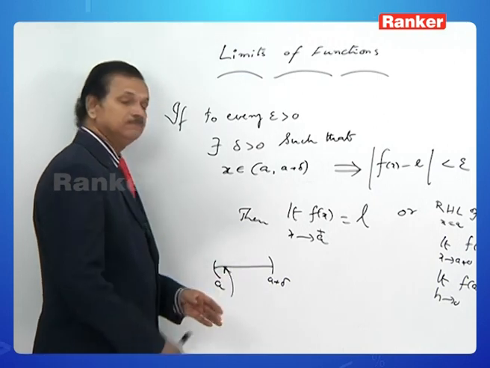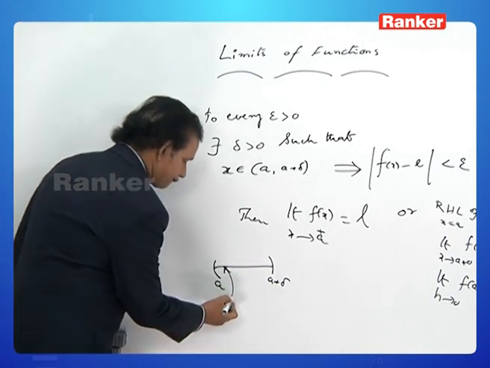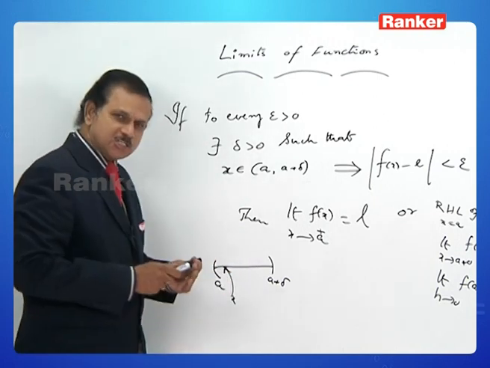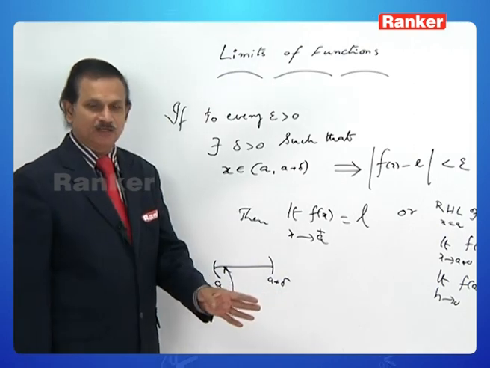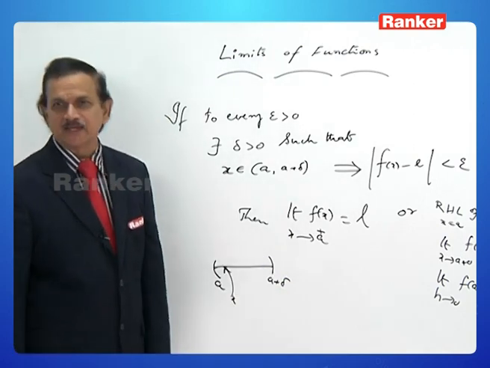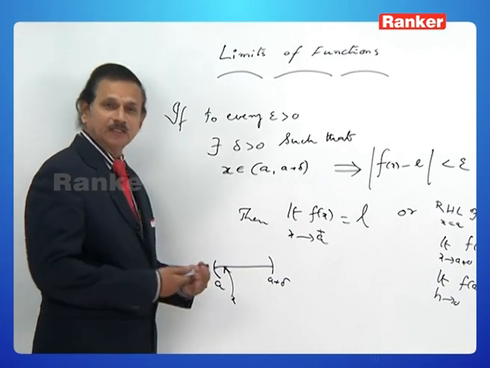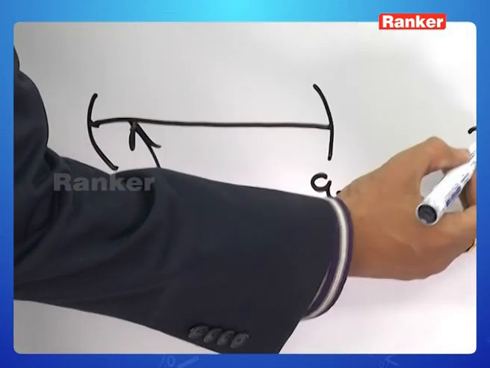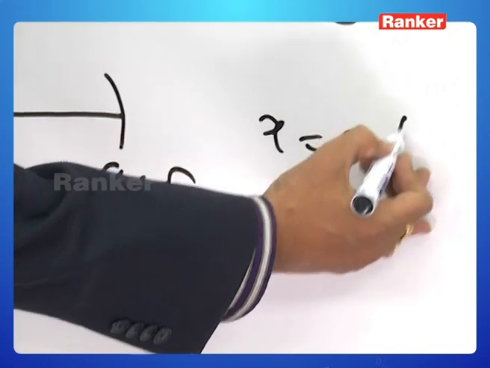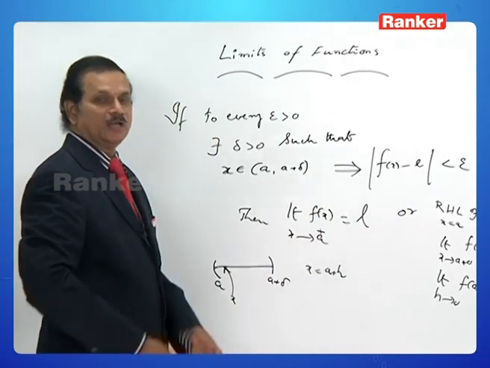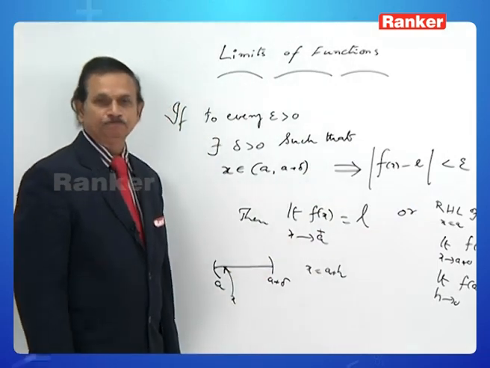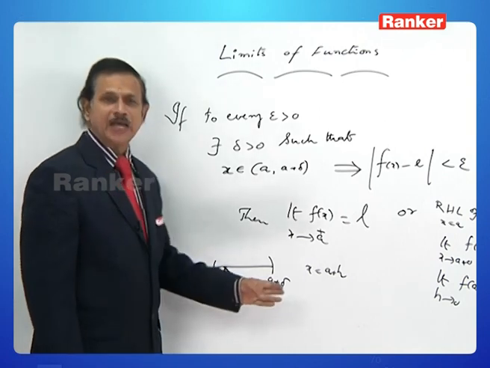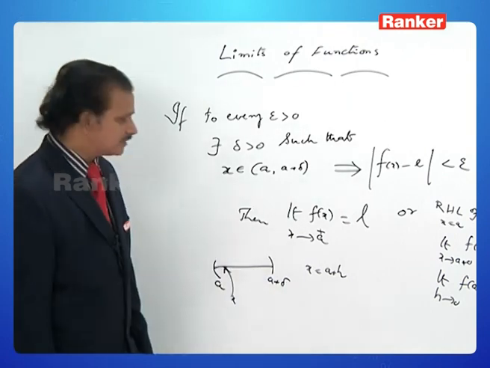Imagine x lies here, say here. What is the position of x? To the right of a, means more than a, that is a plus something. Therefore, we can write x as a plus h, where h is a small positive number. Surely x is more than a, so it can be written as a plus something.